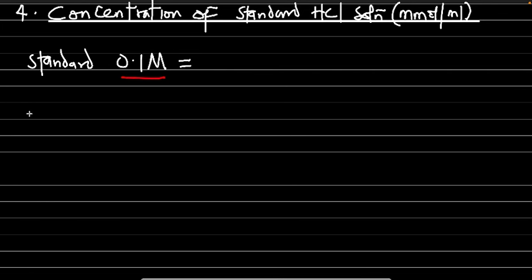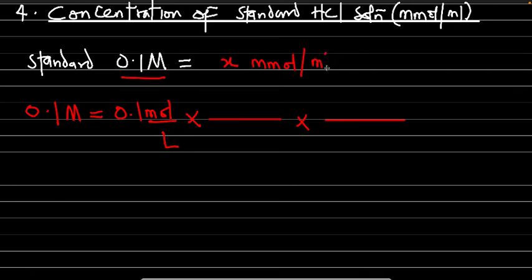I'll say 0.1 molar is always equal to 0.1 mole per liter. I'll draw my line. Now, just follow up and see what I'm about to do here. I want to convert this mole because they're asking me to take this to millimole per mL.